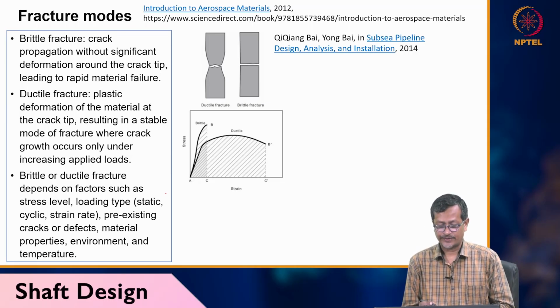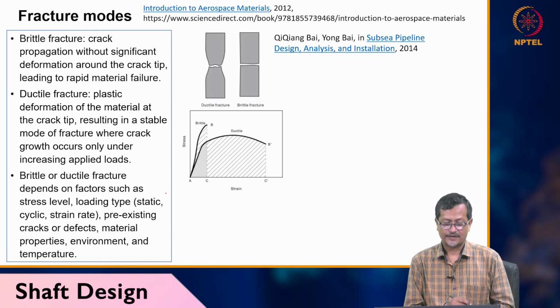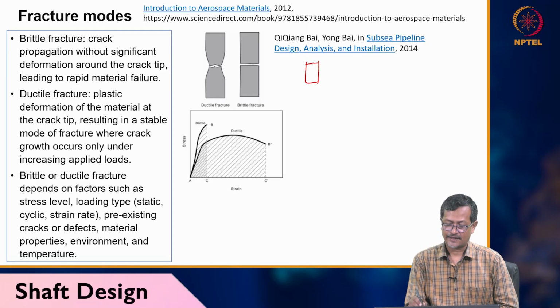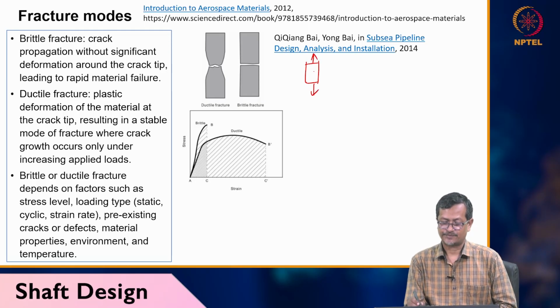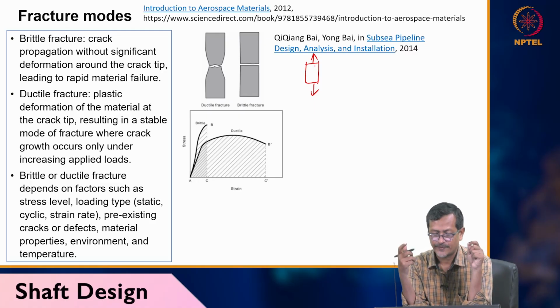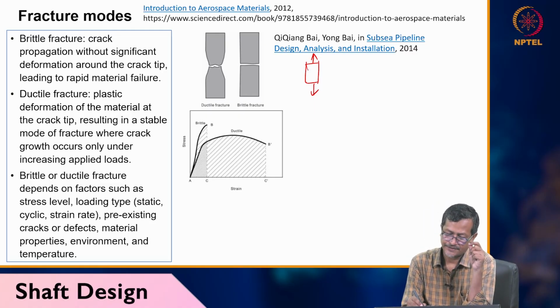Fracture modes: whenever you are talking about failure of a shaft or any machine element, you have to see the different fracture modes. There is ductile fracture mode and brittle fracture mode. Ductile fracture means you have one specimen and you apply lots of pulling action. Take a rubber band: if you pull, initially it will create a narrow area.